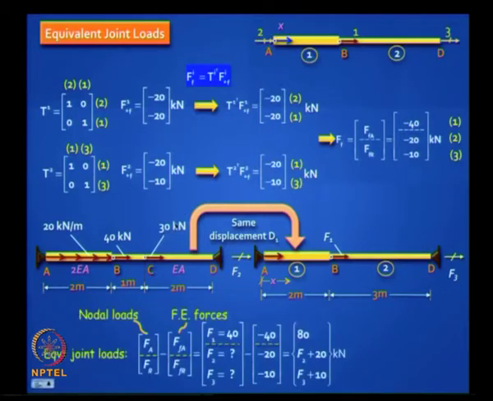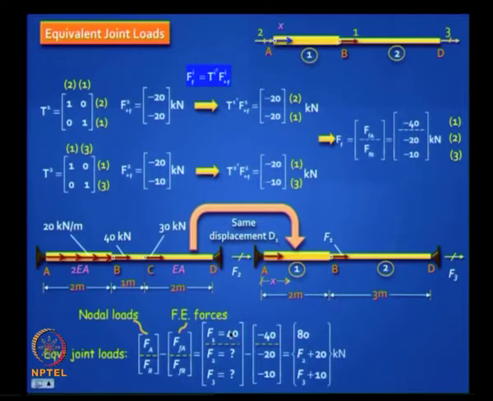Now this is what you do. Your actual problem is, you have the original nodal loads, you have now the fixed end forces which you now need to oppose, then only you will get equilibrium satisfied. So you put a minus there. These are called equivalent joint loads. This will add up to some quantity in which the first is 40.